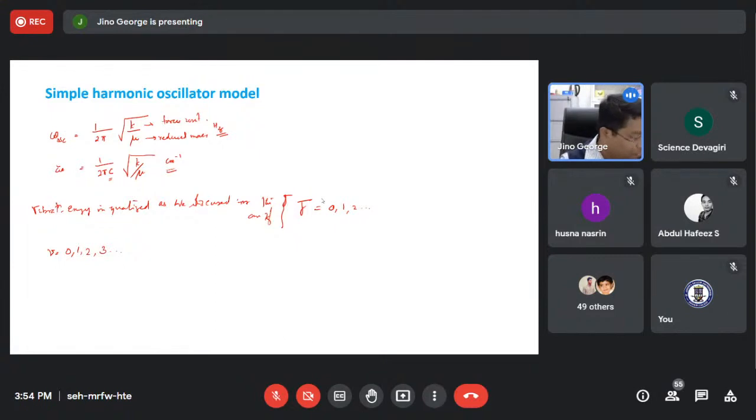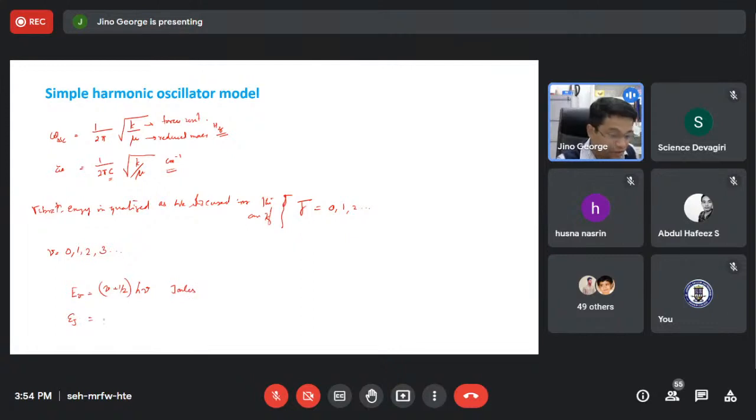Great. So what is the corresponding energy? I can write the energy as E of V, which is equivalent to (V plus half) into h nu. You can write it in many ways. This is in joules.